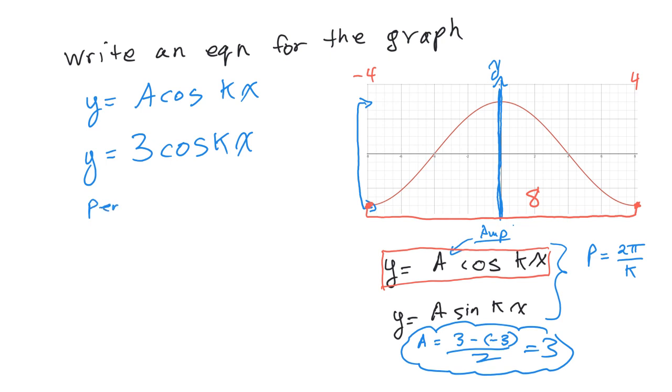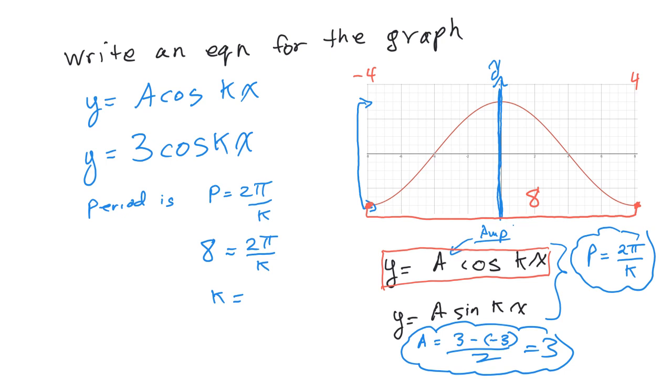The period is calculated by this thing here, 2 pi over k. So we go p is equal to 2 pi over k. And what we're looking for is the k value, but we do know the period. The period is 8, and we have 2 pi over k. If you solve for k, you end up with 2 pi over 8, which is really pi over 4.